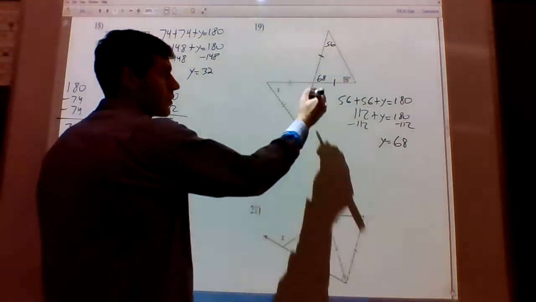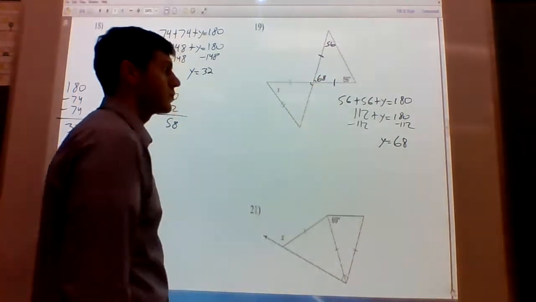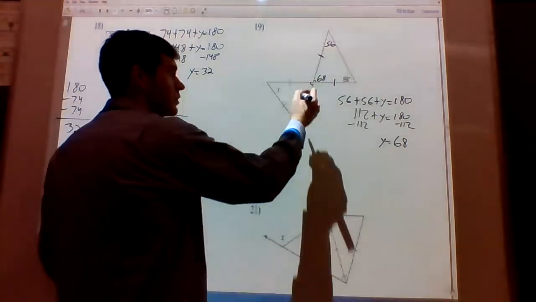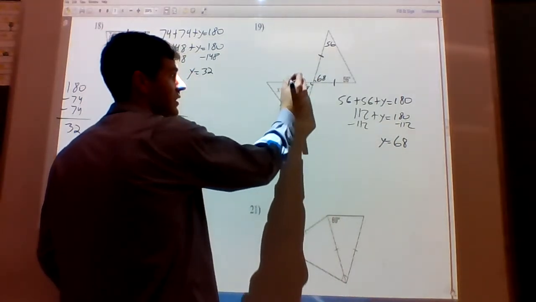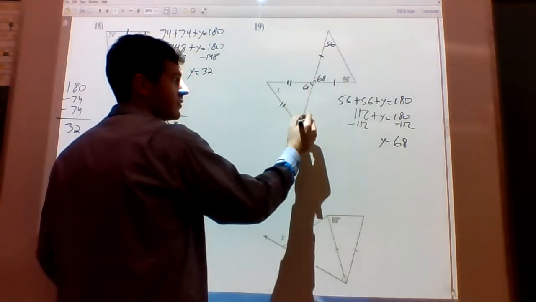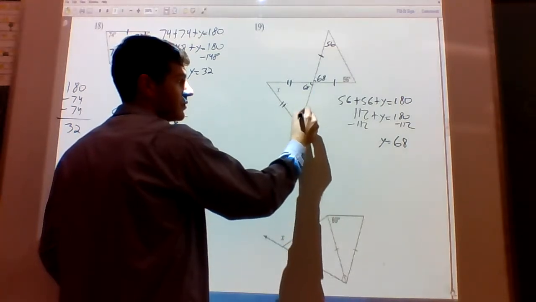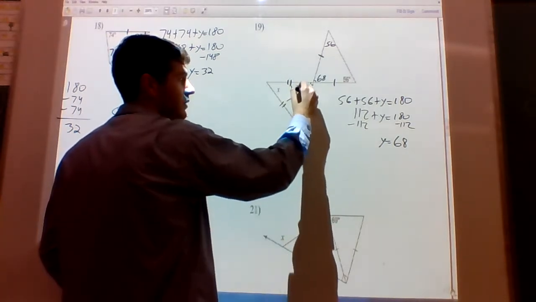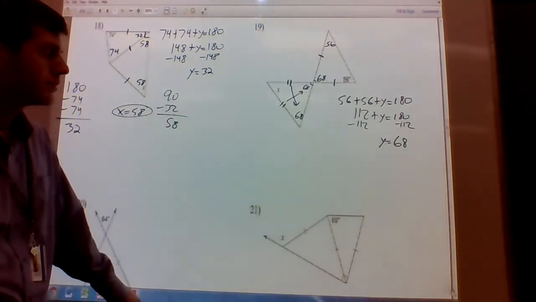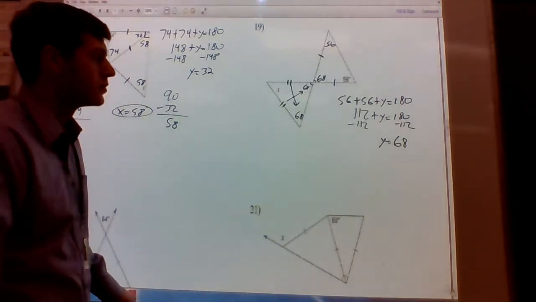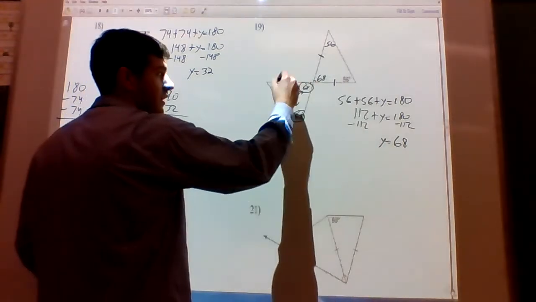We notice we have a vertical angle. Vertical angles are always congruent, so the measure of this angle is going to be 68. We have an isosceles triangle, so if that angle is 68, the measure of this angle is also going to be 68 because it is the opposite angle from the congruent sides. So now we have 68, 68, and x.